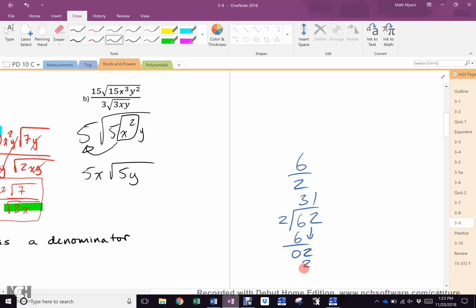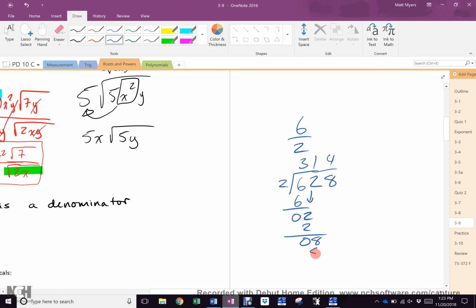Once. 2, 0. What if it was 628? Yes, it's grade 4. How many times? 4 times. 4. Everybody cool? And what happens now? It ends. There's no remainder. Agreed? Okay. So what is that?